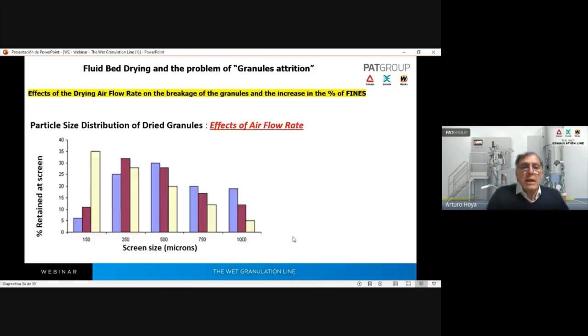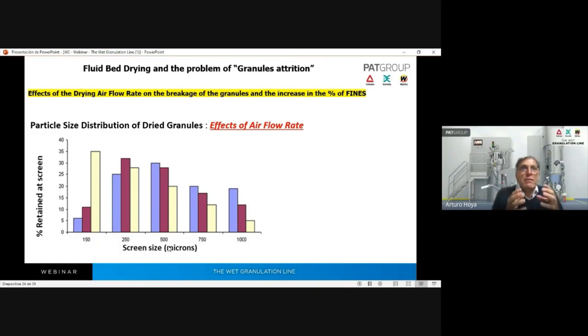Well, this is an experiment made by us in this very small scale ESICA developer equipment, in which we determine the percentage retained on different screens. And what we observed is that the bigger the airflow rate, the bigger the percentage of fines.